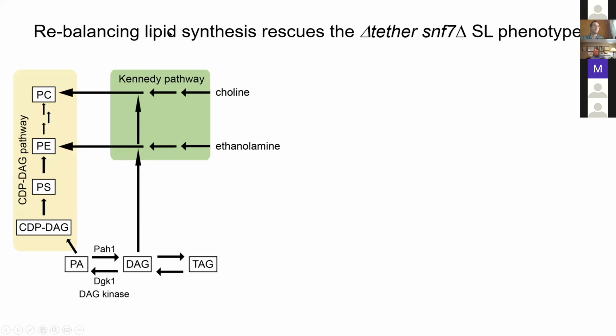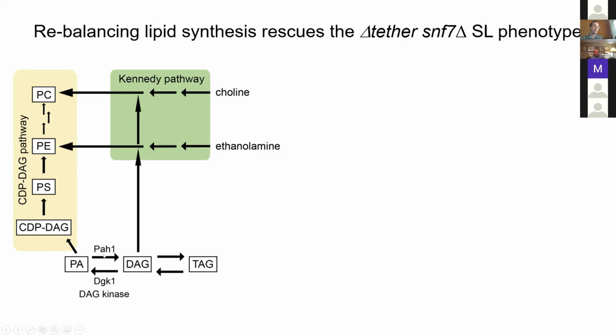So I thought that if I could maybe rebalance lipid synthesis, I wanted to see if that rescued the growth defect of these mutants. So in yeast, the balance of lipid synthesis between phospholipids and neutral lipids is achieved by what I like to call the George-Kármán pathway. And this is regulated by the availability of phosphatidic acid and DAG.